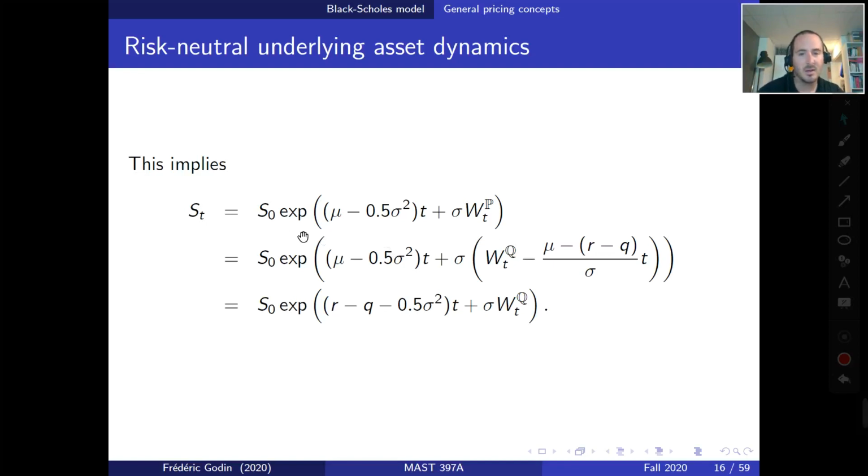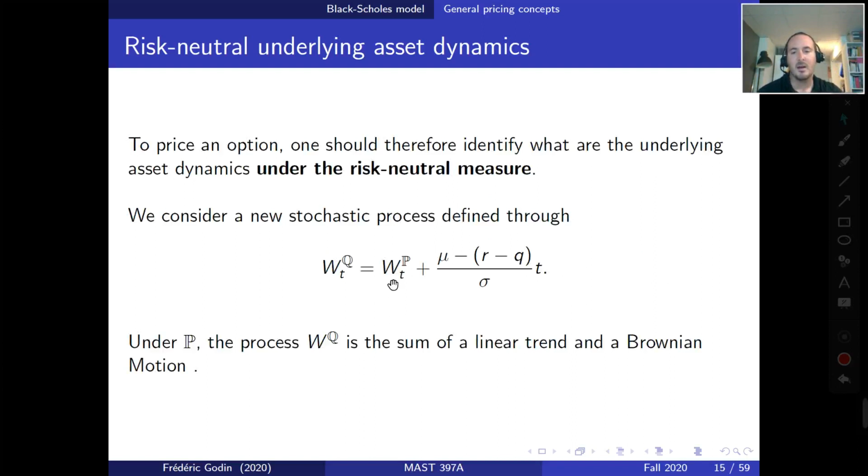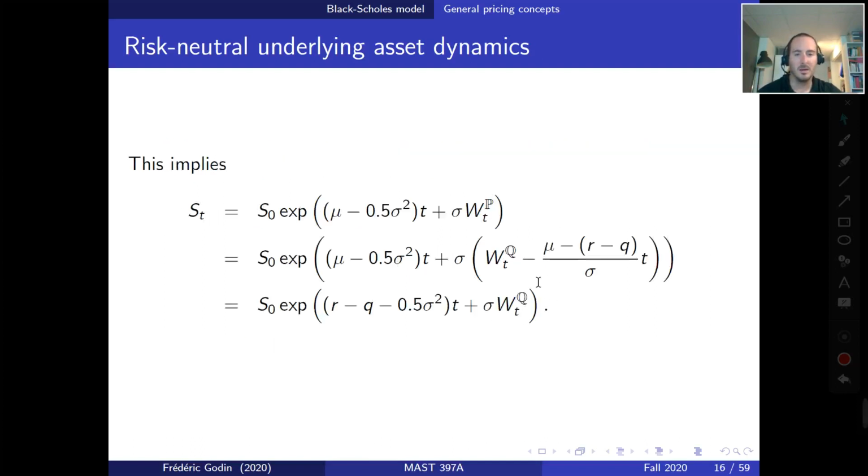Okay, so S0 times the exponential of our linear trend plus sigma times the Brownian motion under P. And then using the new process we defined, we saw that WP is WQ minus the constant here. Okay, so if we go back one slide, WP is WQ minus this whole constant here. So we can make that substitution here.